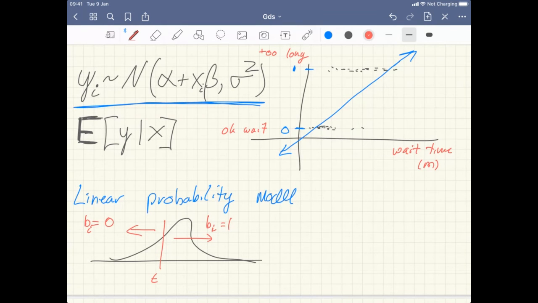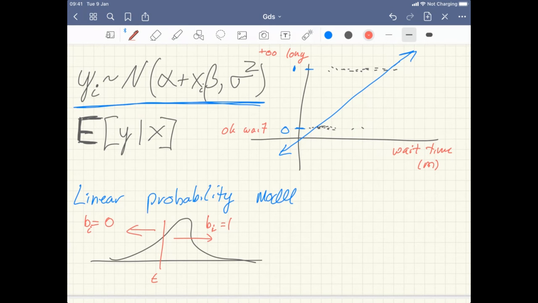So if I observe y, and y is smaller than t, some threshold, then I'll say it's probably a 0. And if I observe that outcome and it's larger than t, I'll say it's a 1. Okay?